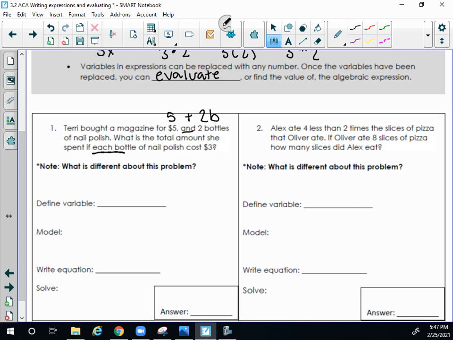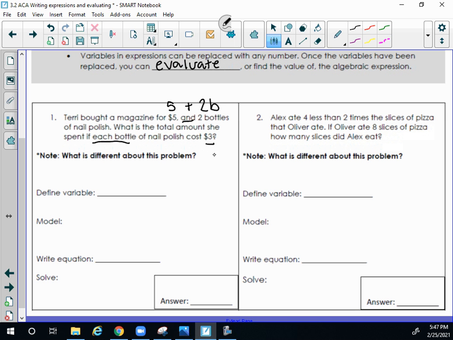So now here it tells me how much each cost. So I'm going to go through the steps we talked about yesterday. We have our variable B for bottles of nail polish, or the cost of the bottles of nail polish.